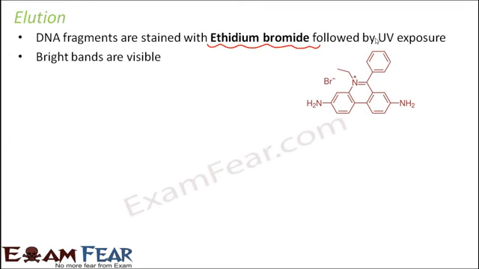Now the bright bands are clearly visible, so you can actually make out the bright bands. Now looking at the bright bands, you can decide which band you want, or which piece of DNA you want. So once you have decided the DNA fragment which you need, how do you bring it out of that entire agarose gel? So that particular gel piece is cut.